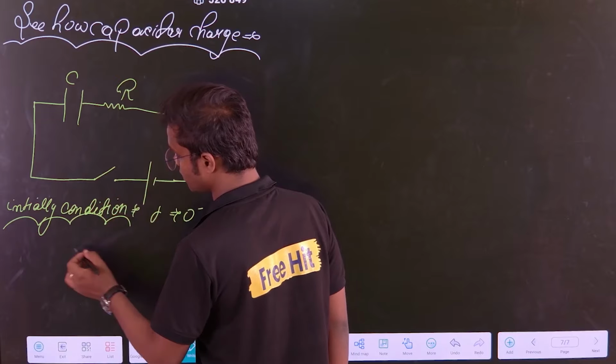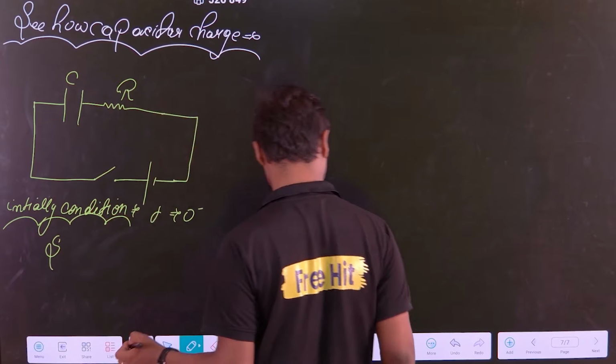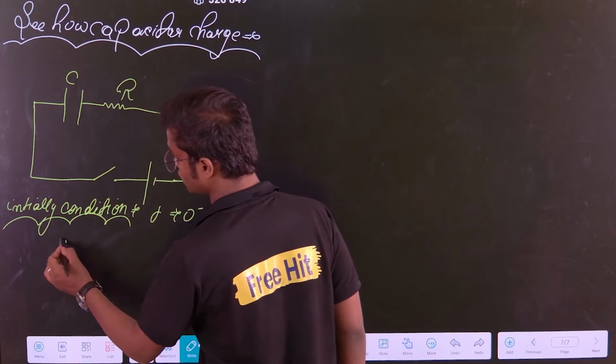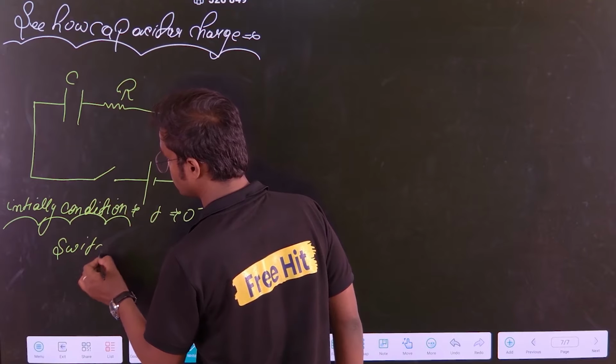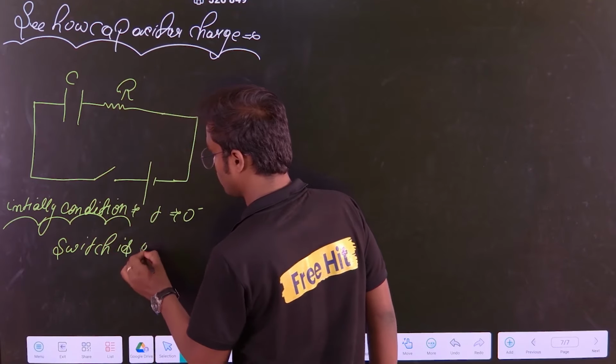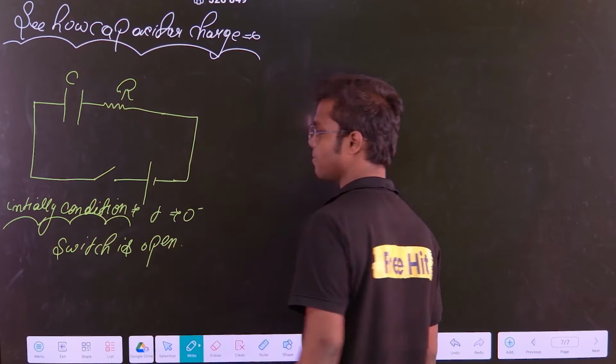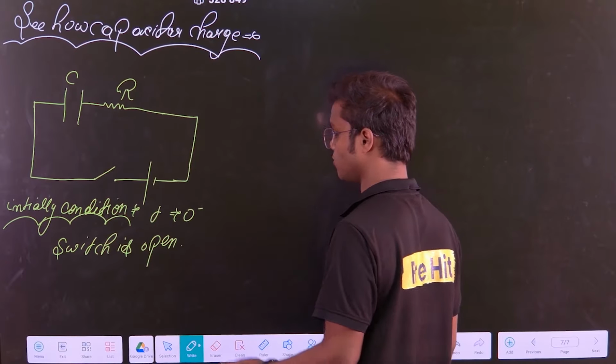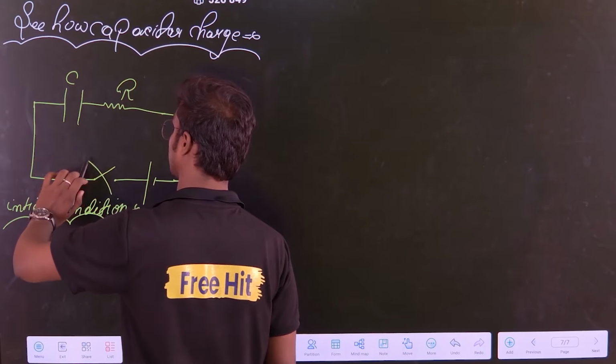So what is the initial condition? Initially the switch is open. The switch is not closed, the switch is open, which means the switch position is like this, correct?